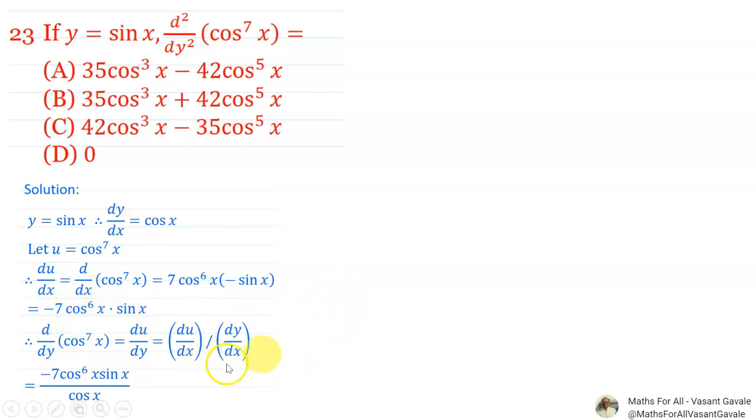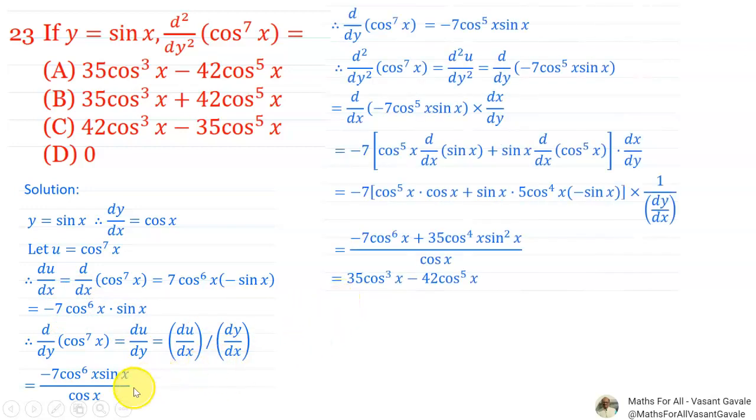Okay. Now the next, du by dy of cos of x raised to 7 is nothing but du by dy is equals to du by dx upon dy by dx. Okay. That is nothing but minus 7 cos of x raised to 6 into sin x upon cos x.